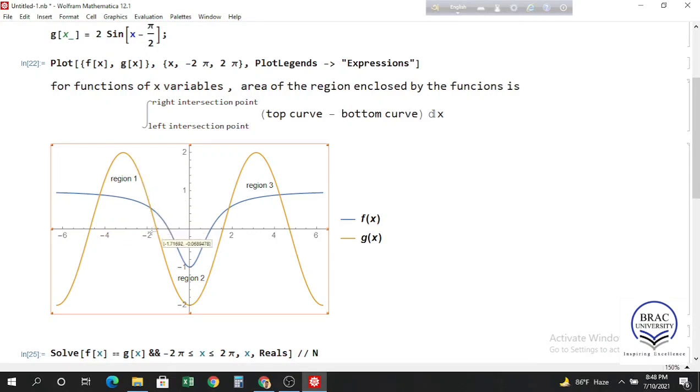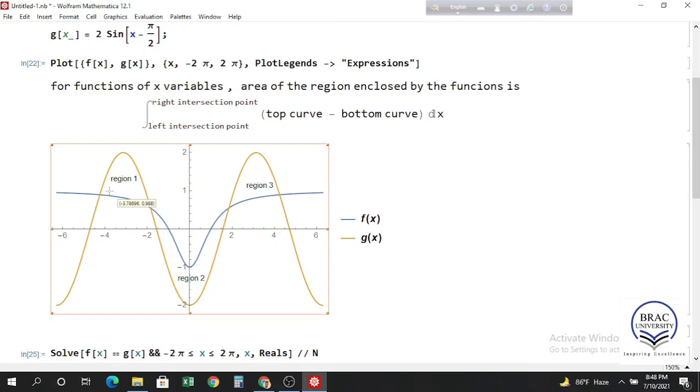Now if we subtract the area under f of x from the area under g of x, what will we be left with? We will be left with the area of this region. That is why we subtract top curve minus bottom curve.